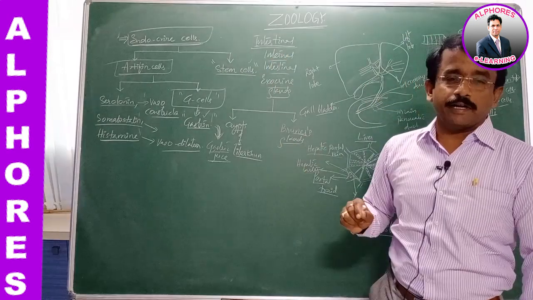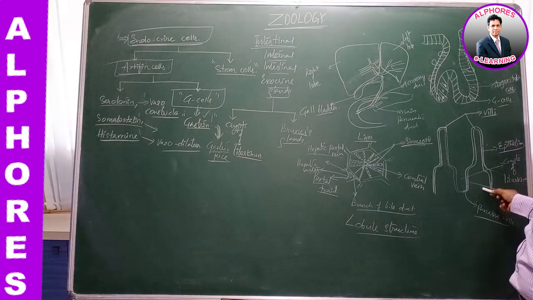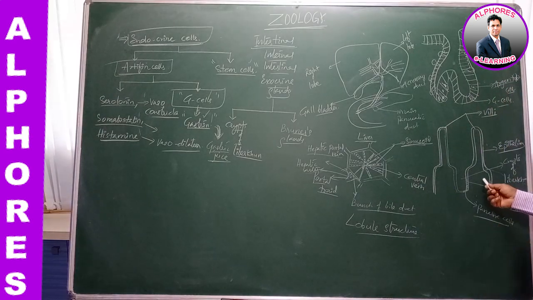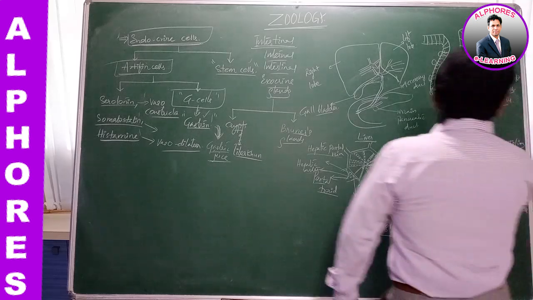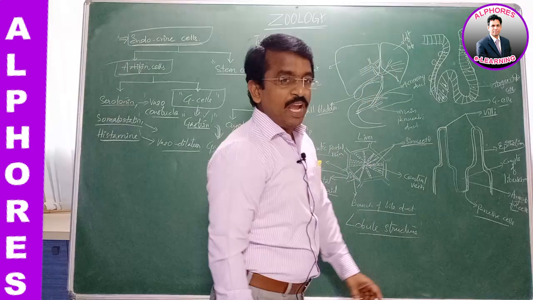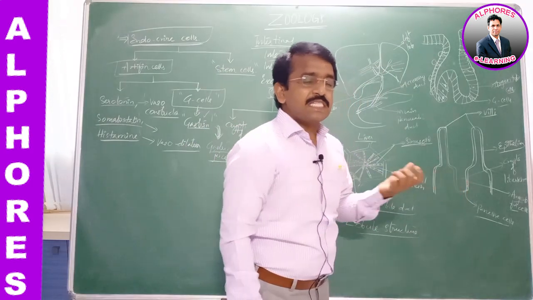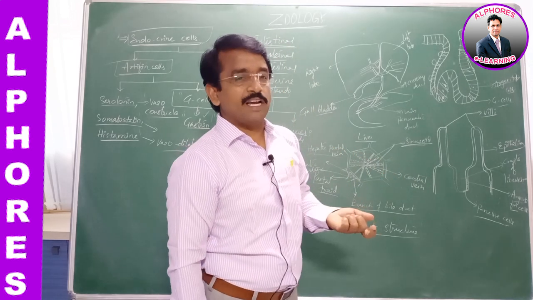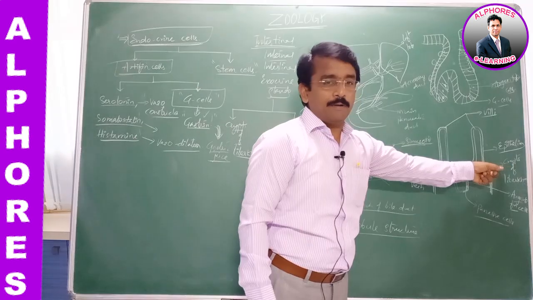Intestine located. In the diagram that shows the intestinal glands, you can see these are the villi. In between the villi, there are spaces called crypts. That's the crypts of Lieberkuhn.